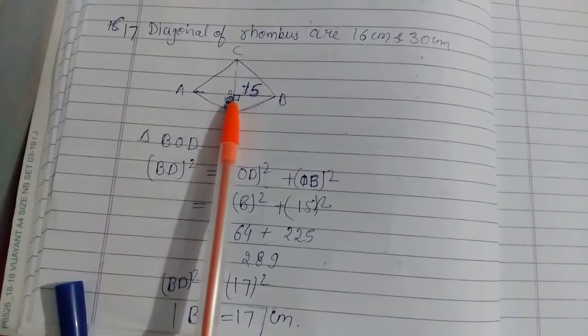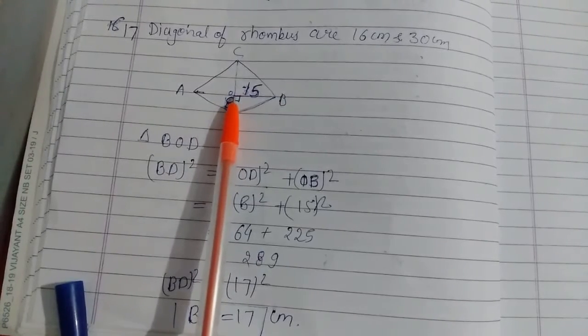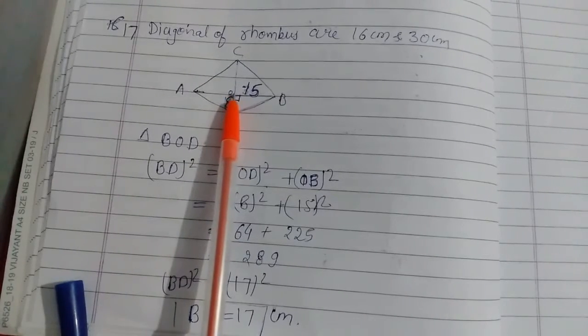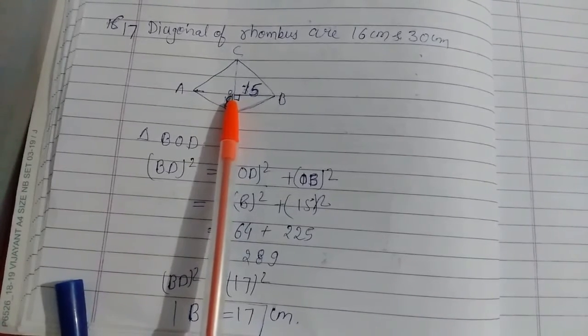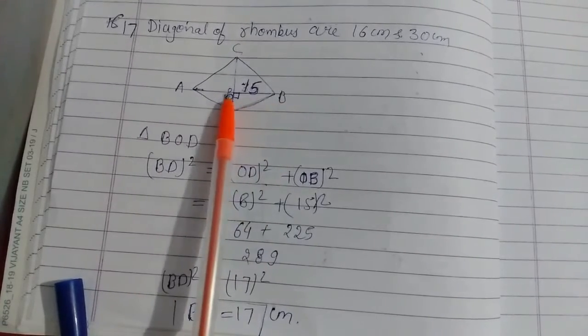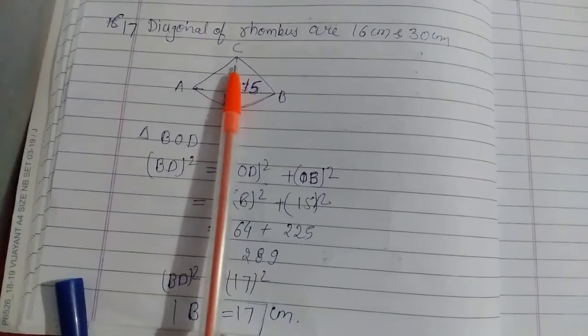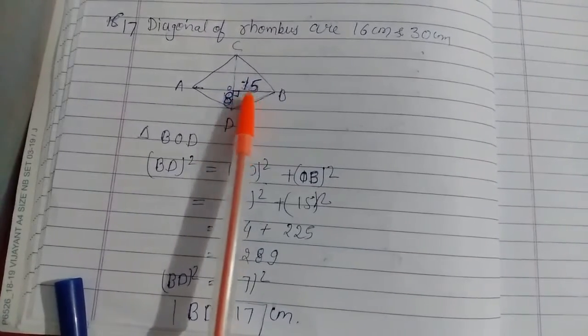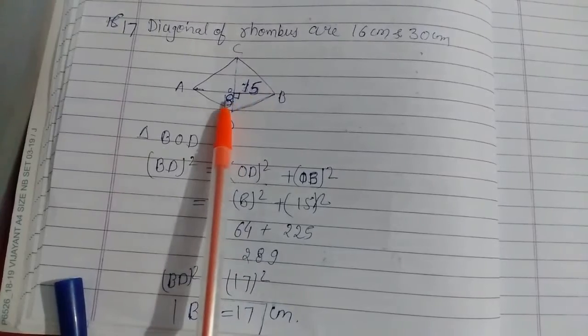That means they always divide each other into two equal parts at the point where they intersect. So this is the intersecting point. If this is 30, this will become 15, and if this is 16, its half will be 8. That means this is 15 and this is 8.